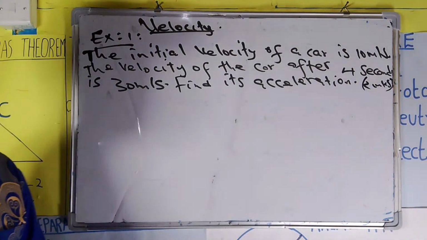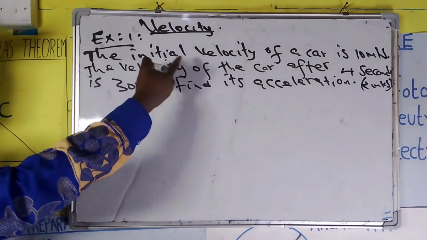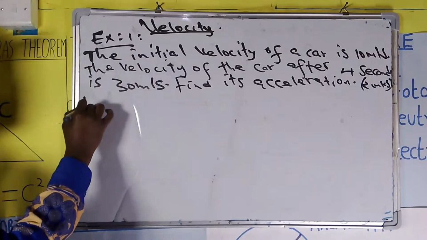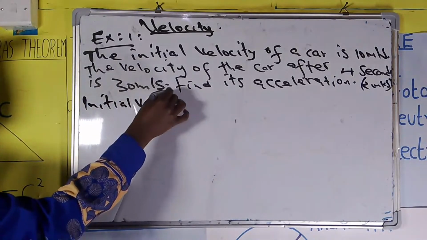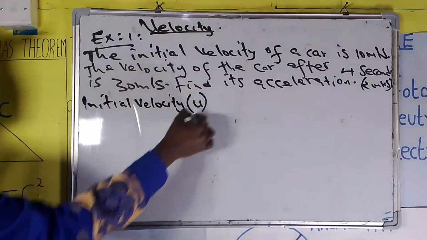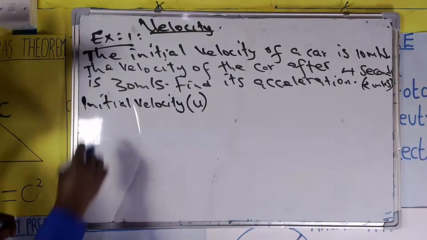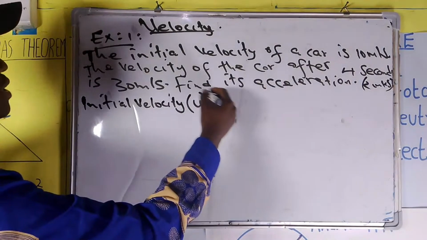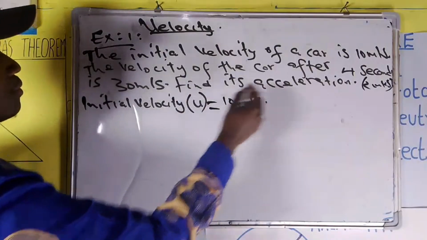Find its acceleration. So remember, we already have the initial velocity, which we represent by u. Those people who do physics understand more about u. So initial velocity u is equal to 10 meters per second.